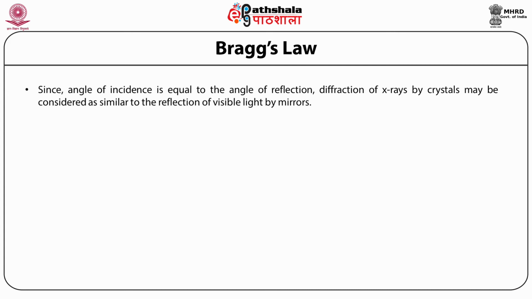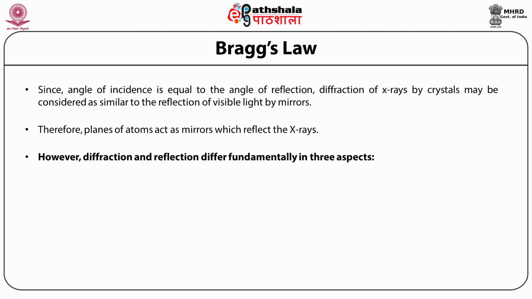Since the angle of incidence is equal to the angle of reflection, the diffraction of X-rays by crystals may be considered as similar to the reflection of visible light by mirrors. Therefore, the planes of atoms act as mirrors which reflect the X-rays.